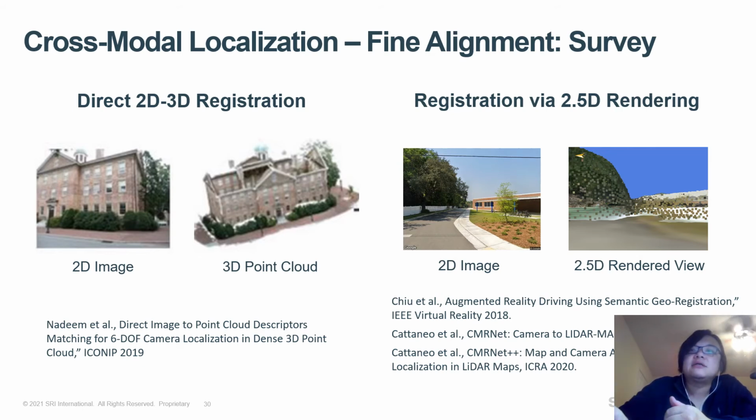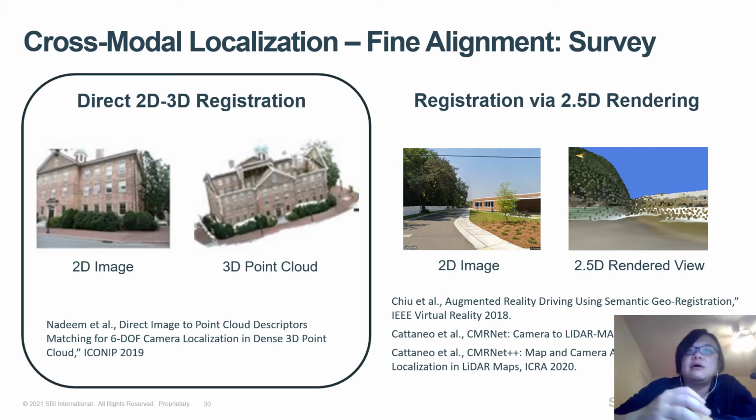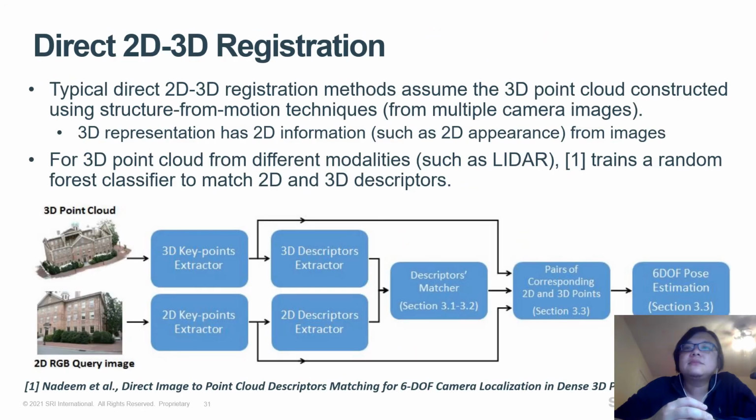We will start by talking about the direct 2D 3D registration. There are many works related to direct 2D 3D registration methods. However, these methods typically assume the 3D point cloud is constructed using structure from motion techniques.